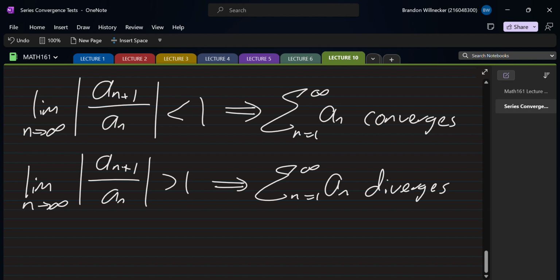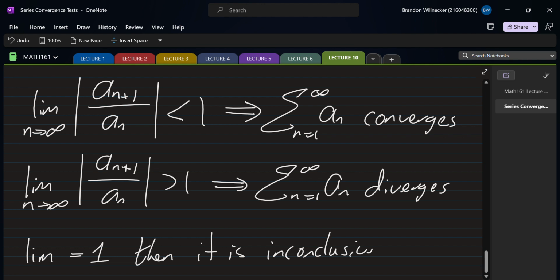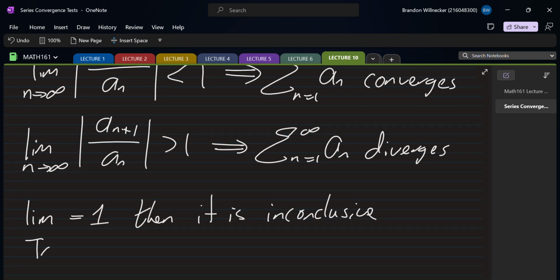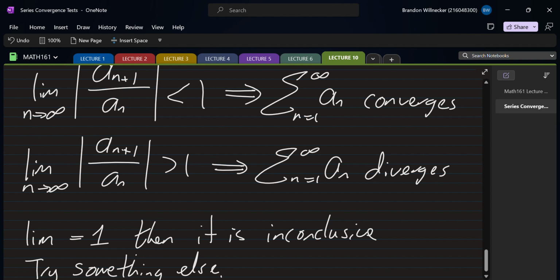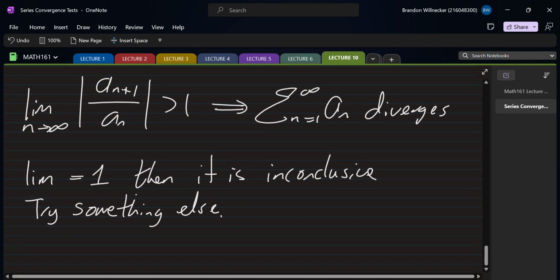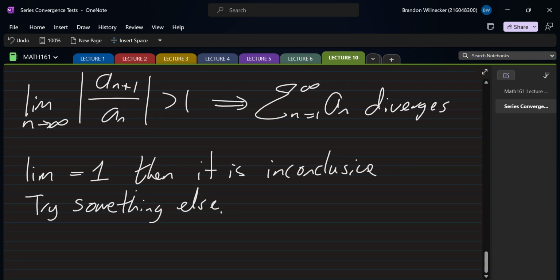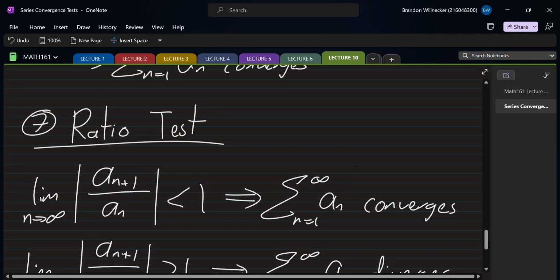So if the limit is equal to 1, then it is inconclusive, which means try something else. It must be either less than 1 or greater than 1. If it is equal to 1, you need to try another test. So that is the ratio test.